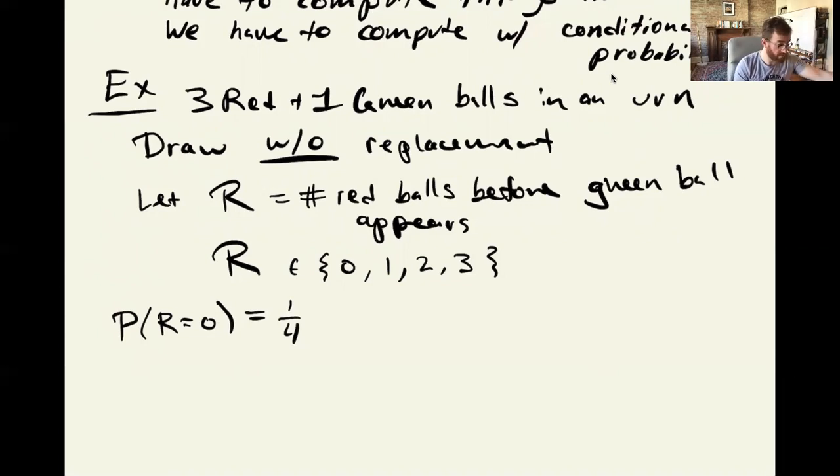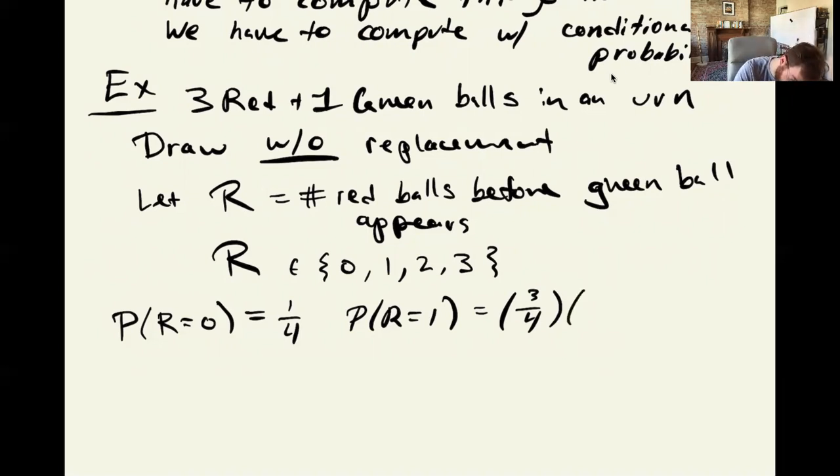Now, what happens if we want to see the probability that R equals 1? Well, it starts to look kind of like a geometric random variable. So we need the probability that our first ball is red. So that's 3/4. But then what's the probability now that my next ball is green?